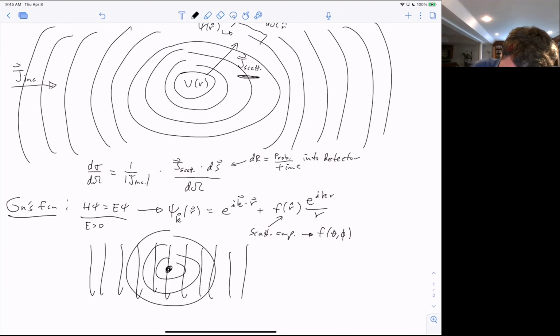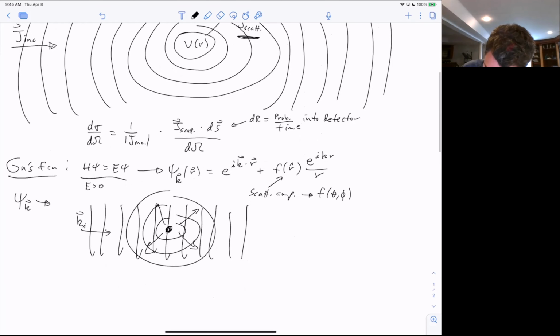And so that's what the wave function always looks like. That's a big insight, really important, really useful. It's kind of obvious when someone points it out to you, but it's profound and useful and important and kind of simple too. And so that's the incident momentum. And then this is the scattered wave.